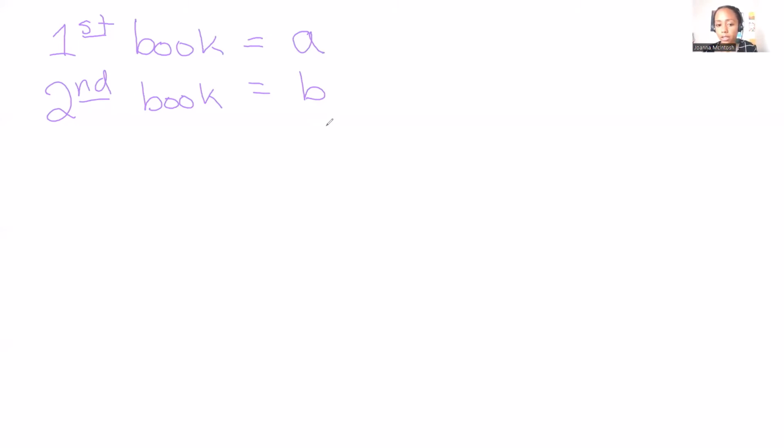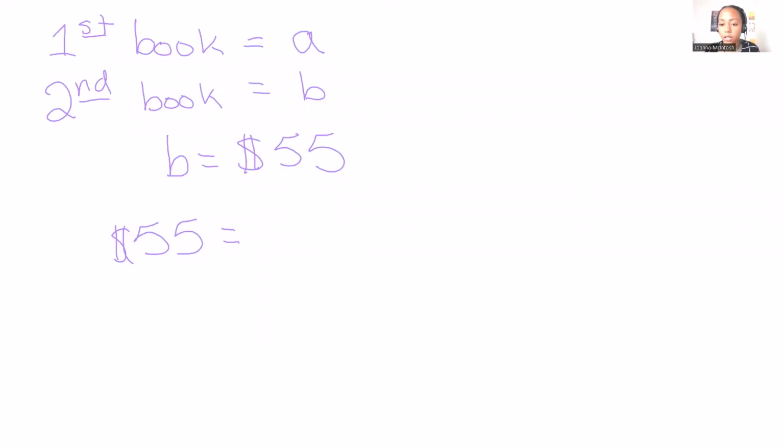Okay? And so it says, Josh went to the bookstore and bought a math workbook. While at the bookstore, Josh had bought a second book that he thought would help with his math skills for $55. So we know that the price of the second book was $55. And we know that the price of the second book was $5 less. So first, we're going to start off with B. So it says the second book is equal to, let me get my eraser.